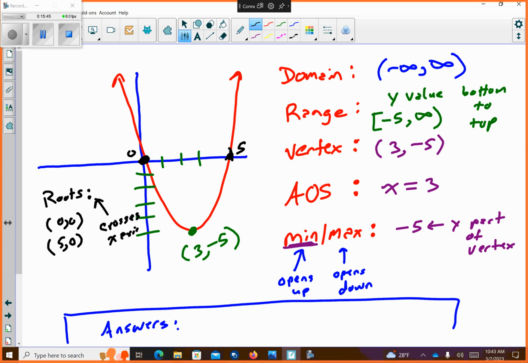Got to cross the x-axis. And what else? What's your second thing? 0 on the y. That's good information.